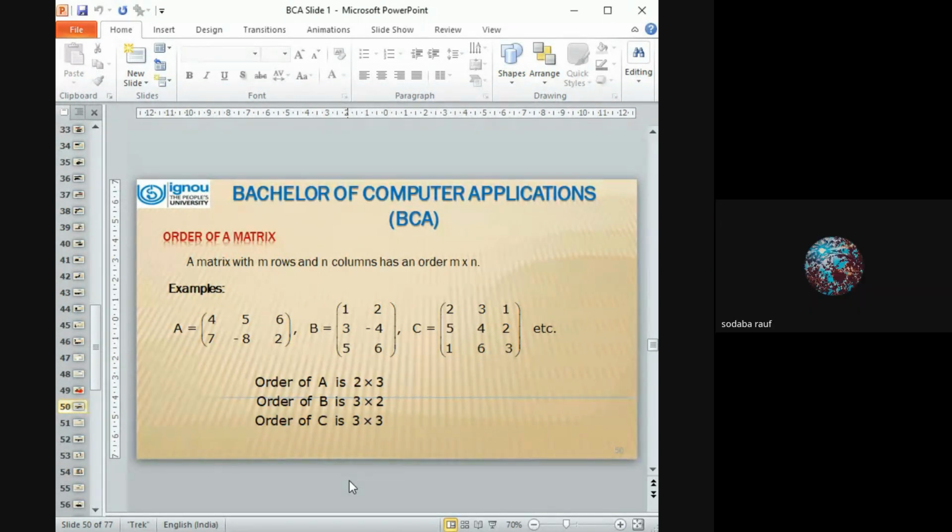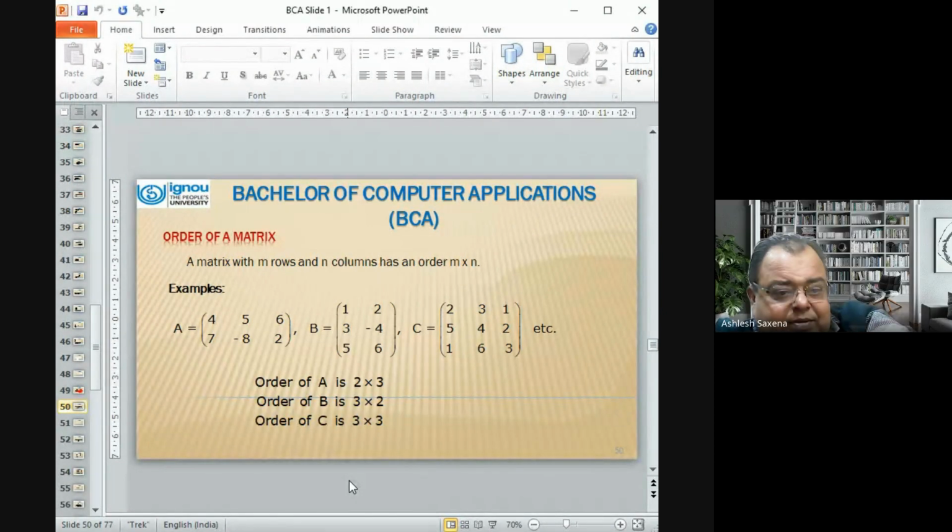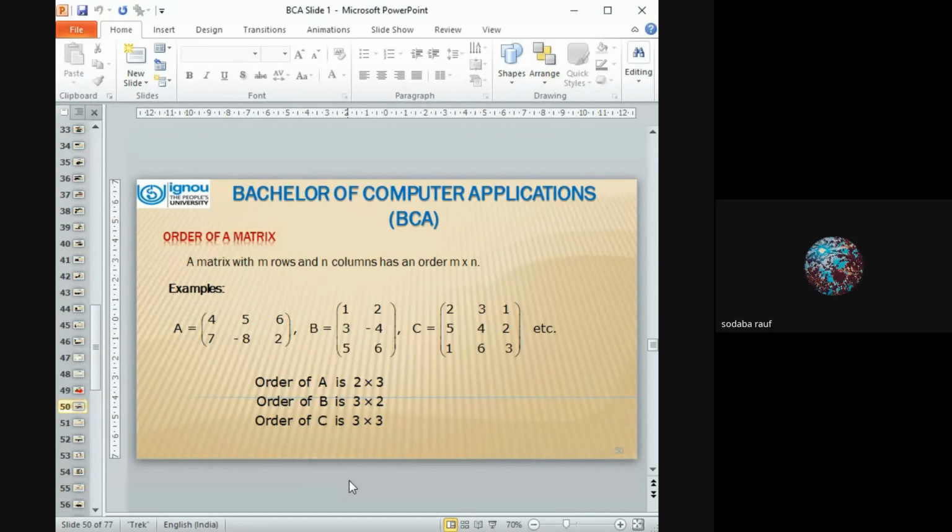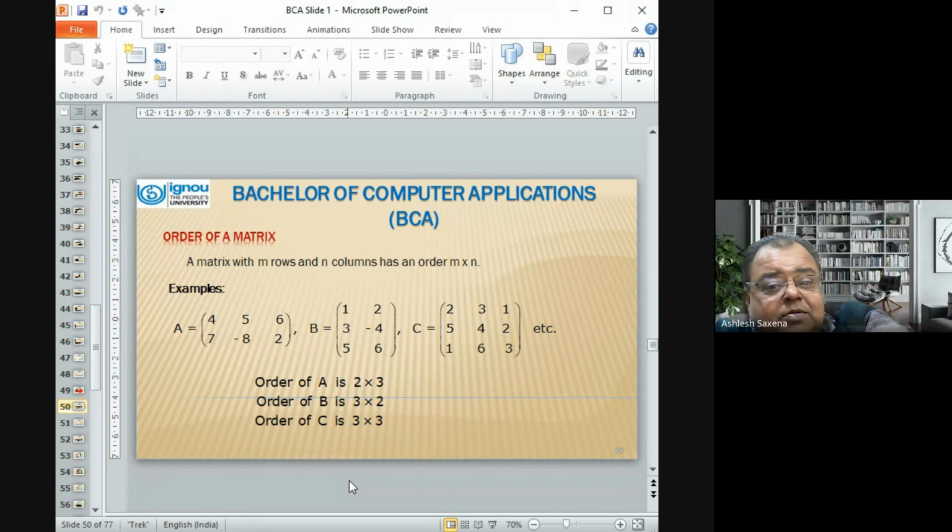Sir, the order of matrix A is 2 cross 3, because matrix A has 2 rows and 3 columns. Thank you.